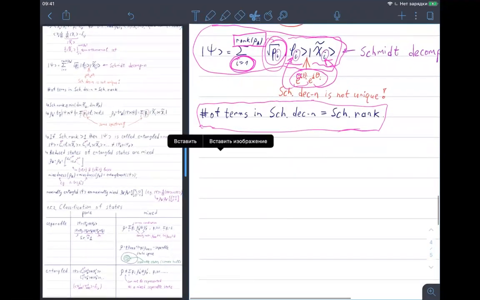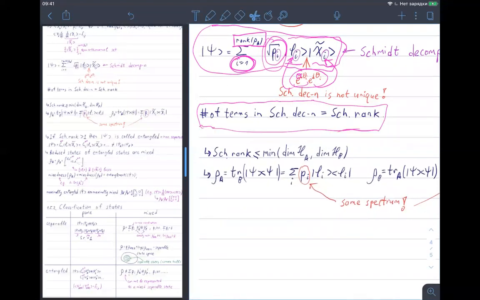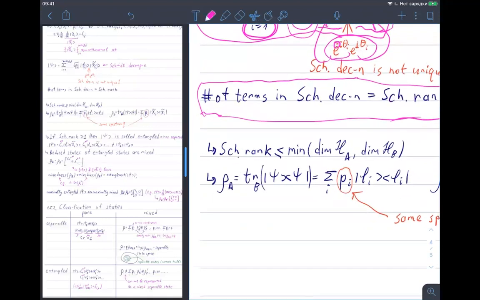Yes, because you see that we have this summation over i from 1 to the rank of my first subsystem, but it's symmetrical, so we can do it with respect to one subsystem or the other. So the Schmidt rank cannot be larger than the minimum of the two dimensions.